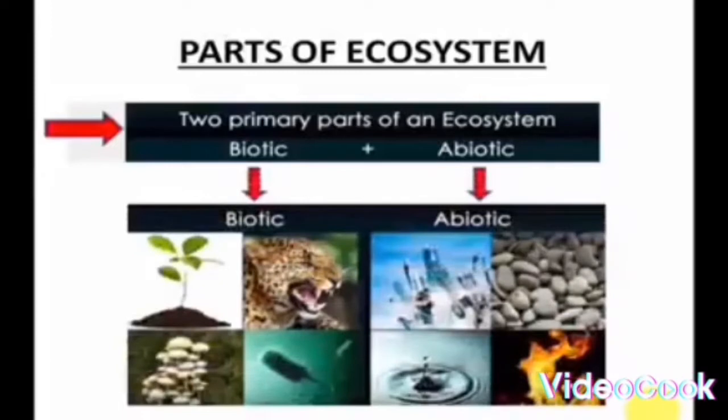Now, the parts of an ecosystem, according to this video, are two primary parts. That's the biotic and the abiotic components of the ecosystem. Under the biotic components, the living components of the environment, we have plants, they are living.